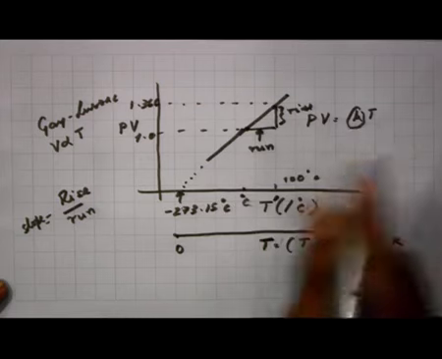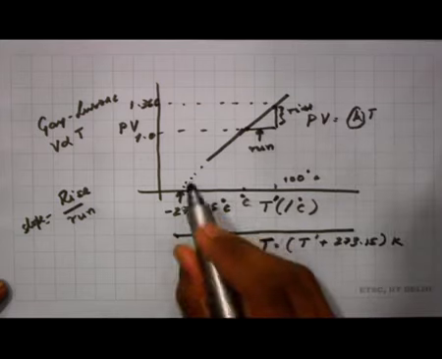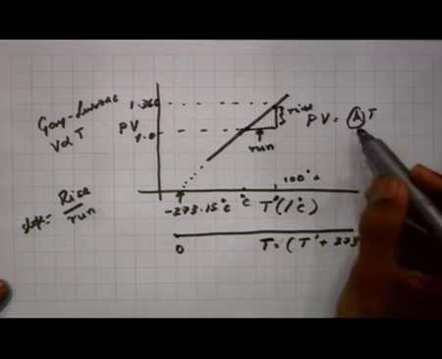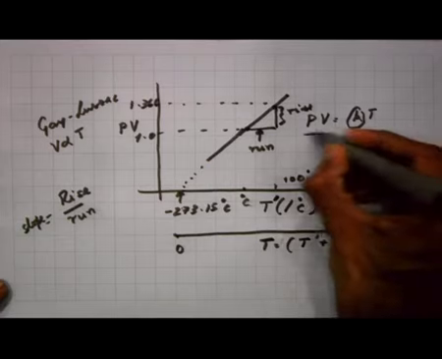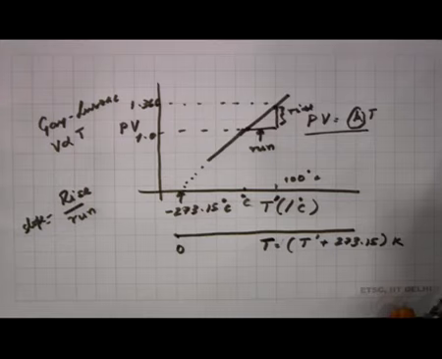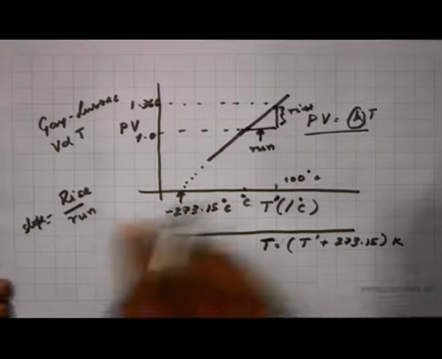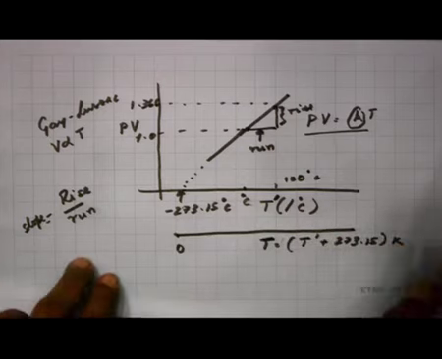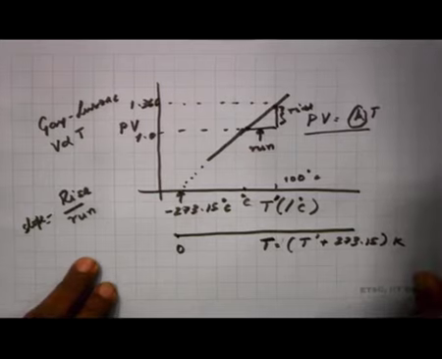Although it looks linear, it cuts this axis at minus 273.15, but if you wanted to do it right, you have to do it on the absolute scale. Now, it is natural for us to look at it in Celsius, but when you are doing calculations, as I already remarked, it is preferable to do it in absolute temperature.